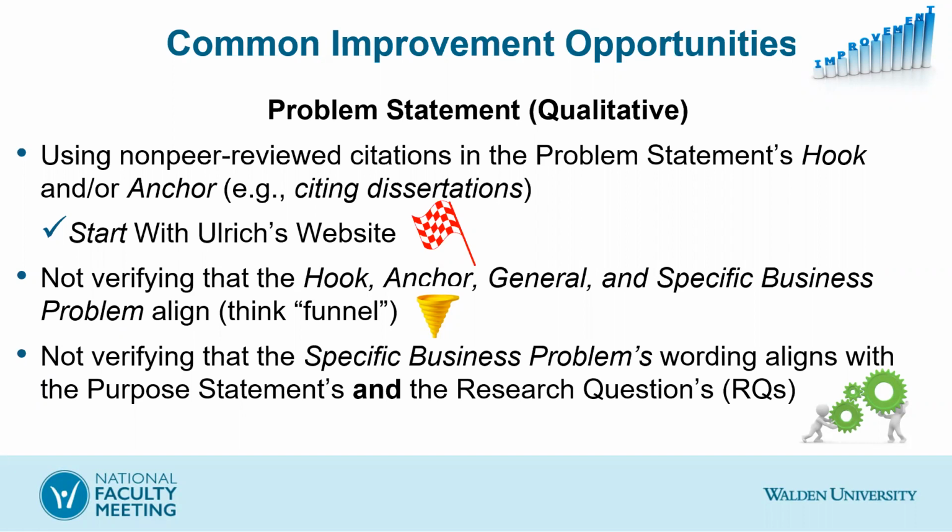Secondly, not verifying that those elements, hook, anchor, general and specific problems, align. They have to think in the context of a funnel. You start with a problem, general problem area within the hook with a peer-reviewed citation or government publication.